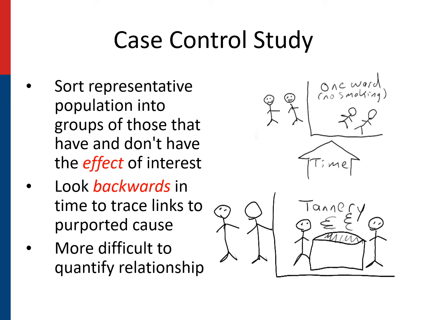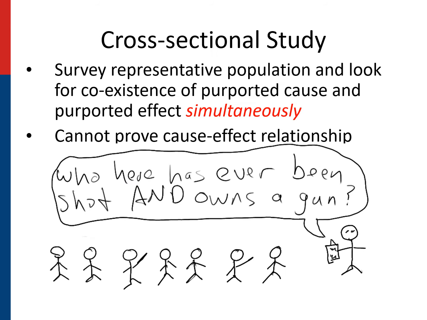And yes, you can also do a retrospective cohort study. That's where you look back in time with a cohort of patients, once again, grouping patients into purported cause as opposed to the effect of interest, which is how case controls are formulated.